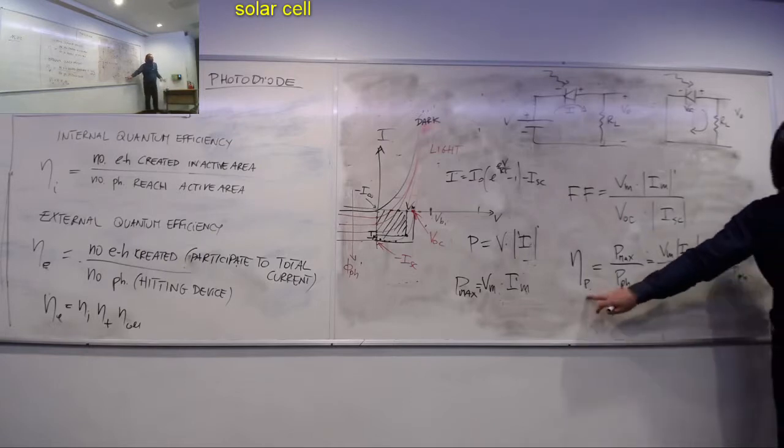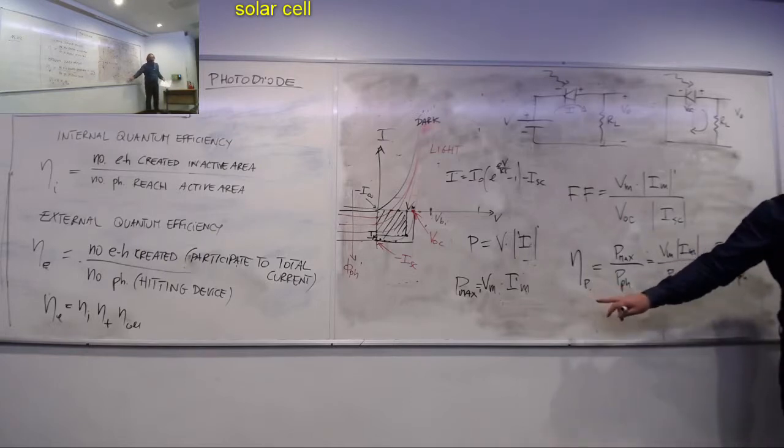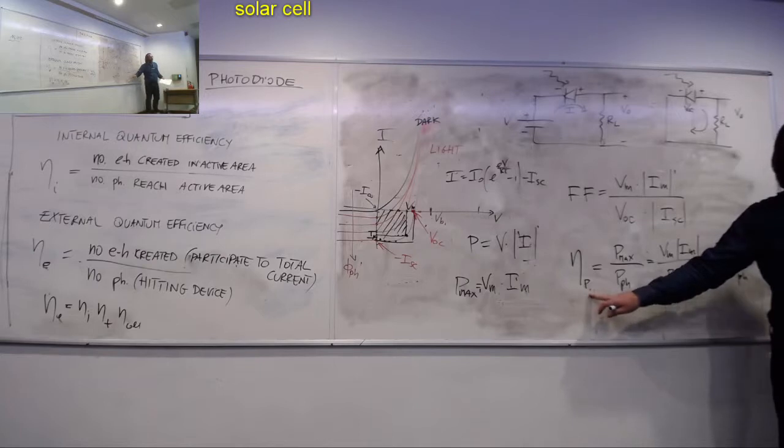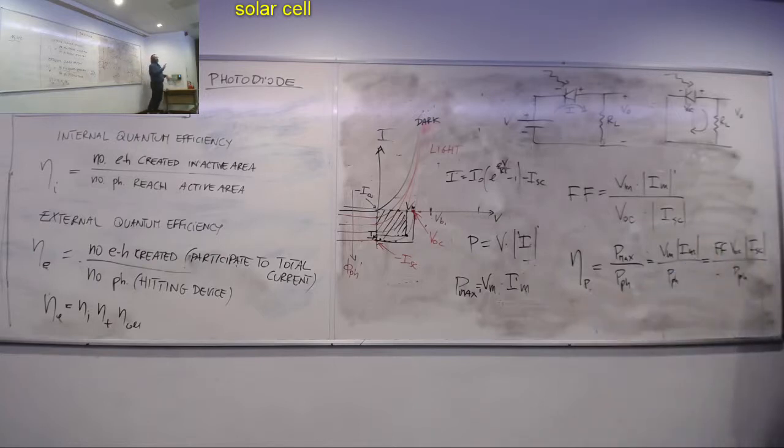Oh, in the LED, we demonstrated that eta P is kind of the same as eta E, the external quantum efficiency. So here too, because ISC depends on eta E, as we saw previously, but VOC depends non-linearly on ISC.